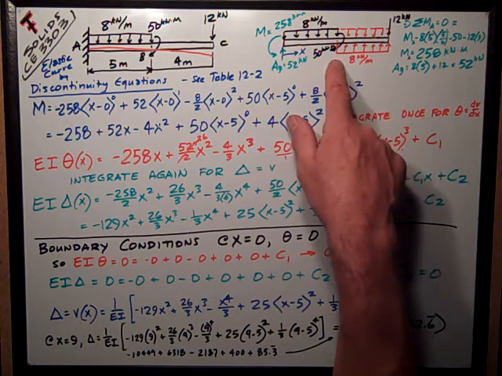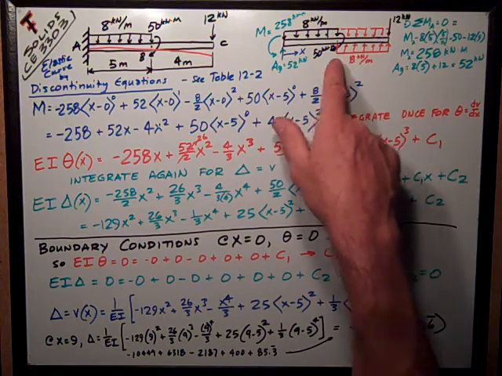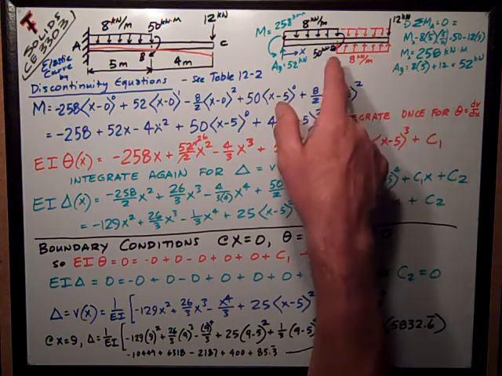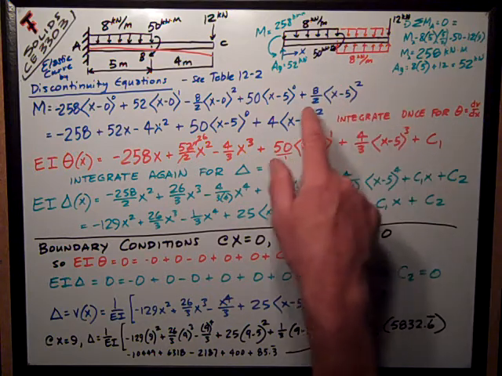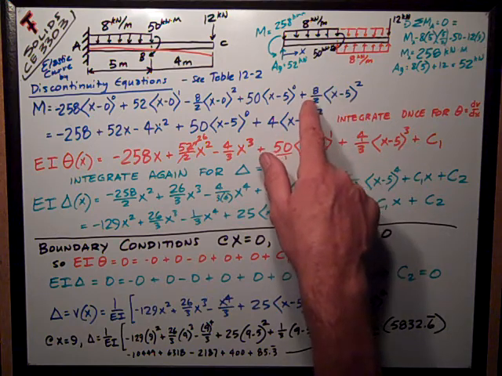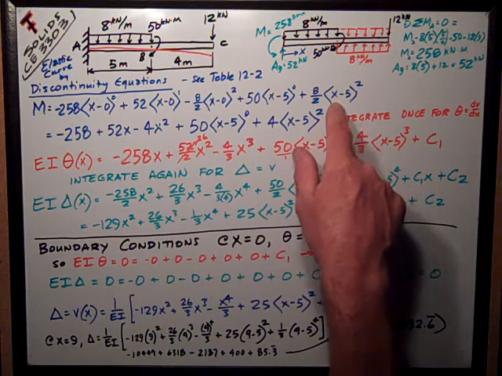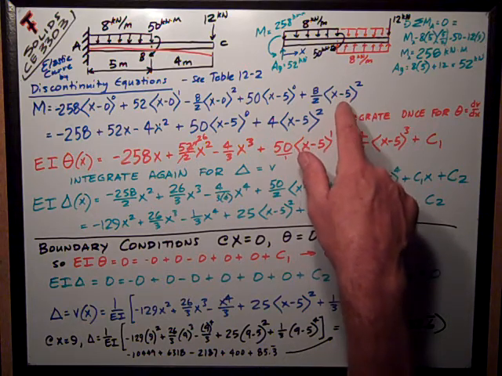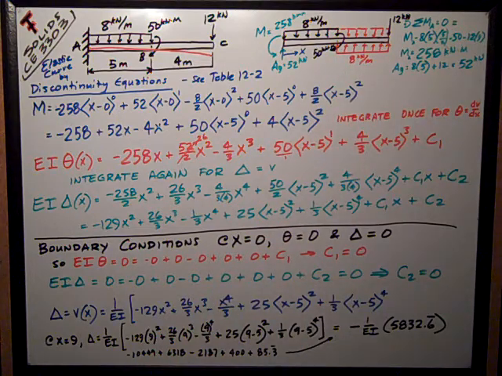So I'm going to put this upward acting 8 kilonewton per meter load on the beam at the point x equals 5 all the way to the end. So that's the expression for the moment due to it. It's upward, so it's positive 8 divided by 2, bracket x minus 5, 5 is where it starts to occur, squared. It runs all the way to the end of the beam.